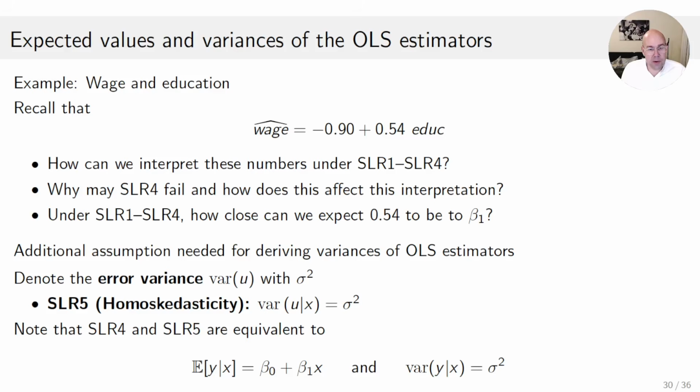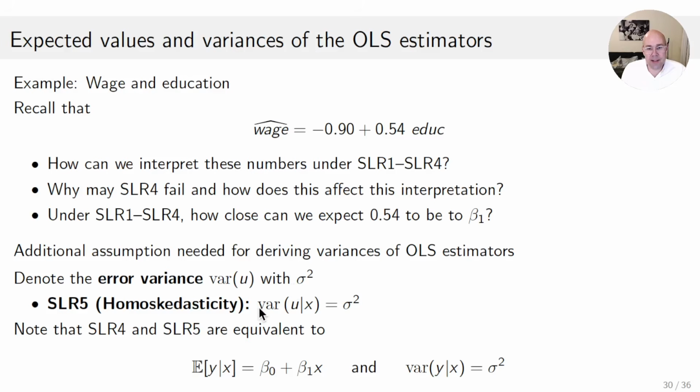this slope coefficient. So what we're going to need is, in any case, an additional assumption for deriving the variances of the OLS estimators. And the simplest possible, most standard assumption is the one of so-called homoscedasticity. And that assumption is on the variance of u. So let's denote that variance by sigma square.